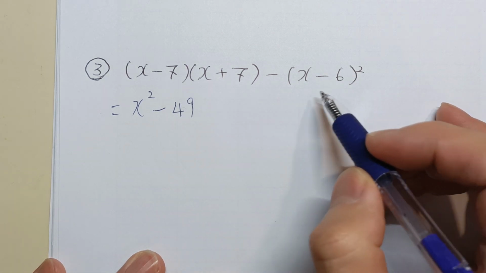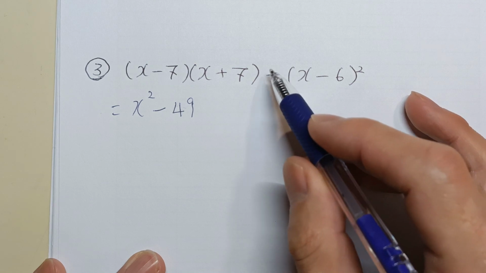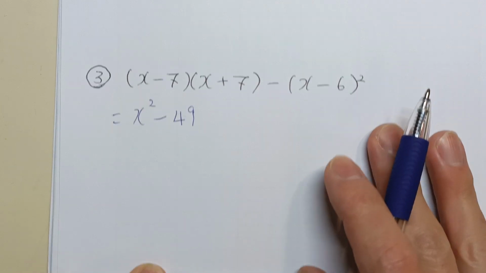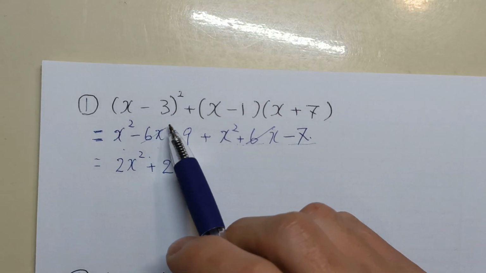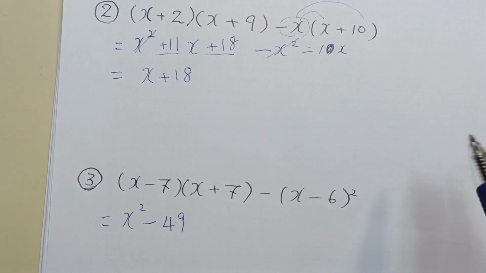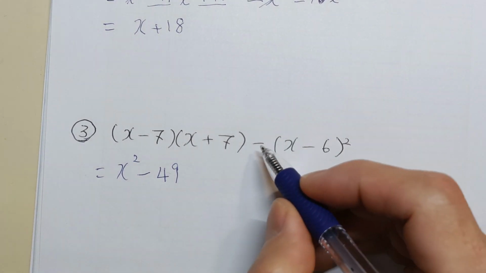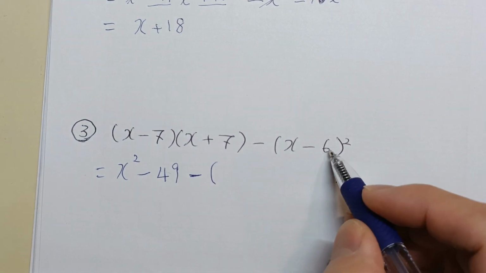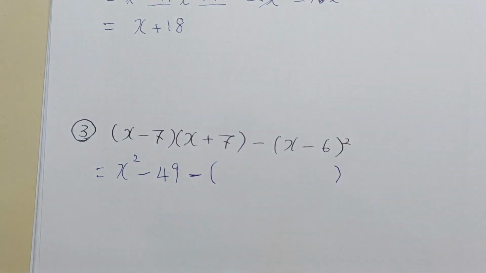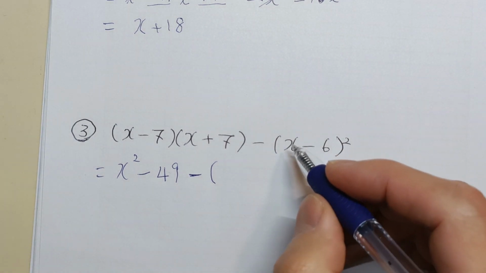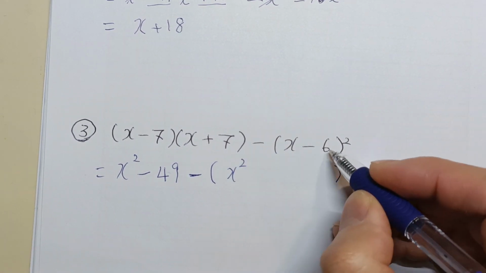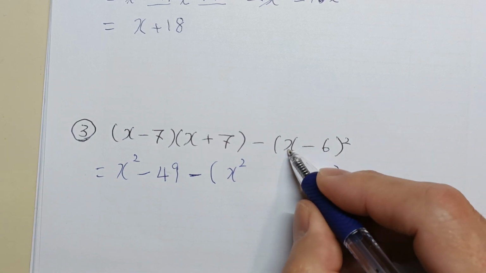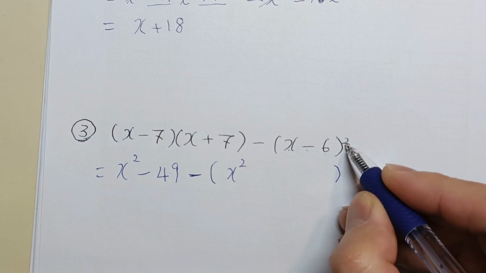This one, if you expand this one, you get this one. Then you really have to be careful about this minus, okay? In terms of this expansion, we talked about this one here, isn't it? Right, so I will expand, but I just want to put the negative here and then put bracket. Now I'm trying to expand this one inside of the bracket here, okay? So left number squared, and then that right number squared is gonna be here, and then you do x times negative 6 times by 2, wasn't it?